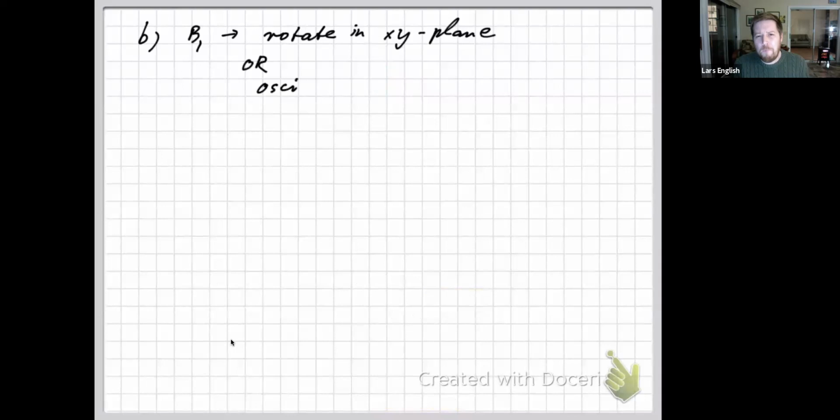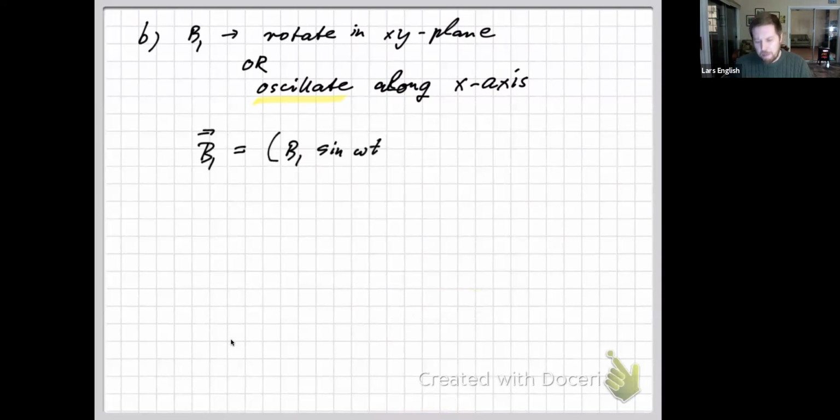Okay, so we said B1 has to be a rotating field. But for practical purposes, it is also sufficient for it to be an oscillating field along the x-axis. Let me explain that. Here's a possible mathematical expression for B1. It's okay for it to just oscillate along the x-axis, with the unit vector along the x-axis and the oscillating part here.